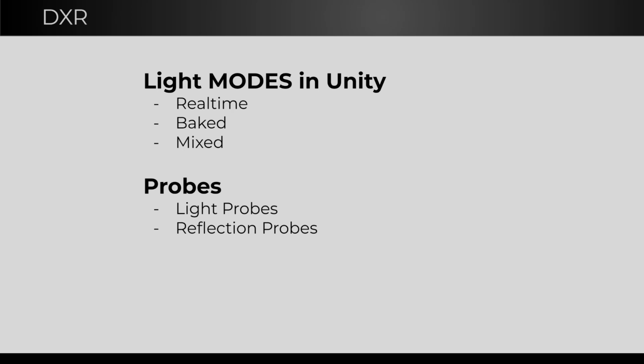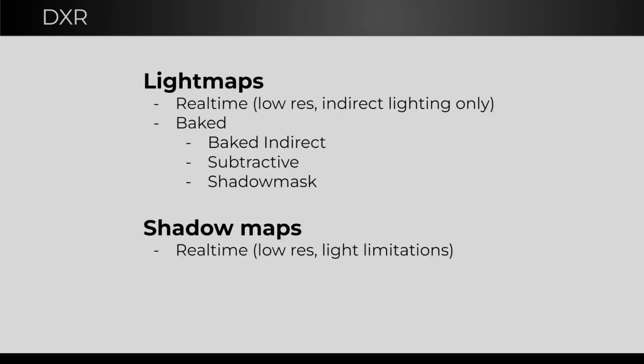Baked rendering is good for static objects and low-powered devices, but cannot capture lighting and shadows of things that are moving, as well as view-dependent phenomena, such as reflections and specular highlights. Mixed will bake indirect lighting and allow real-time rendering for direct lighting and view-dependent phenomena using reflection probes.